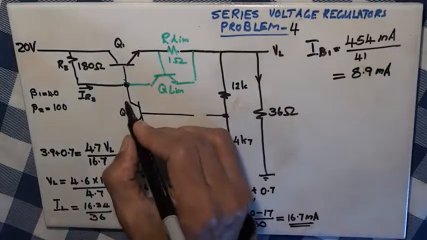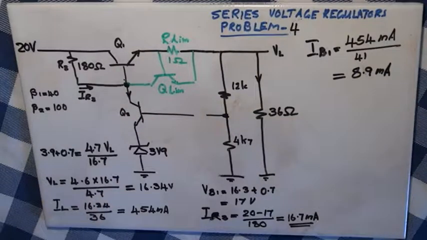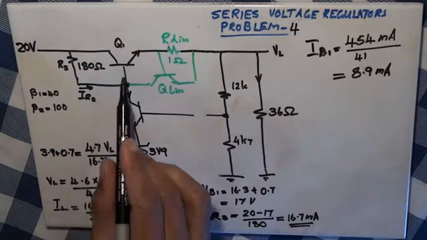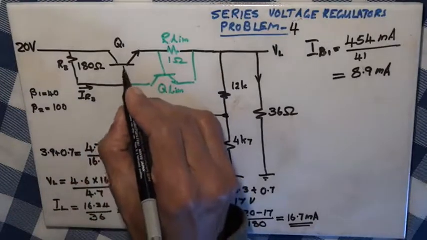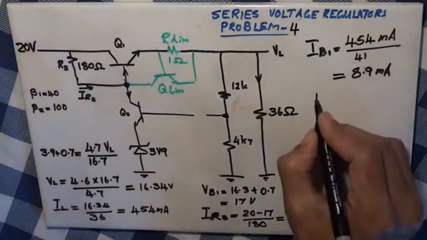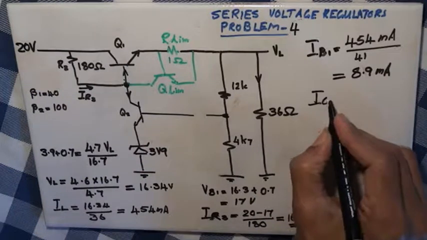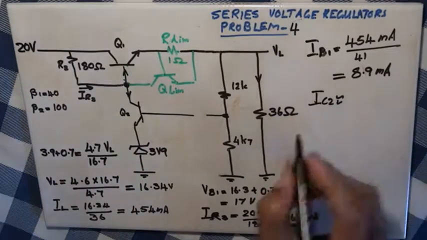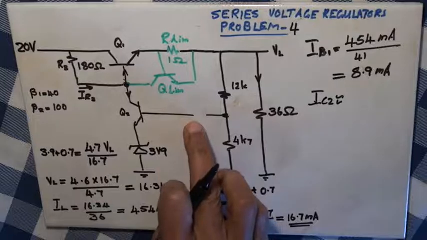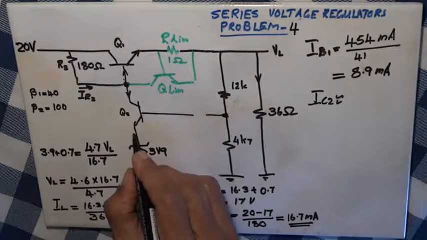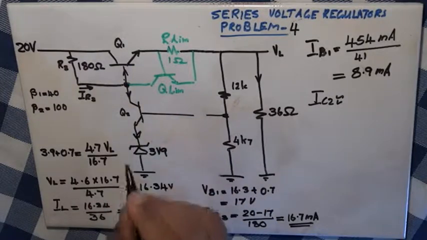Now we can find IC2, which is IR3 minus IB1. And this IC2, because the base current is neglected, will be the same as the Zener diode current.